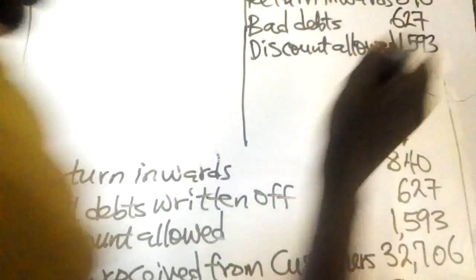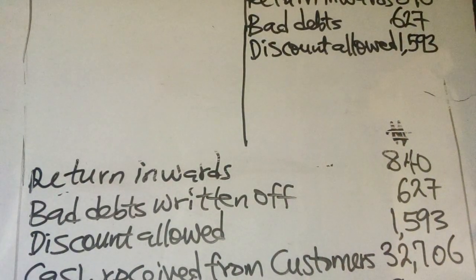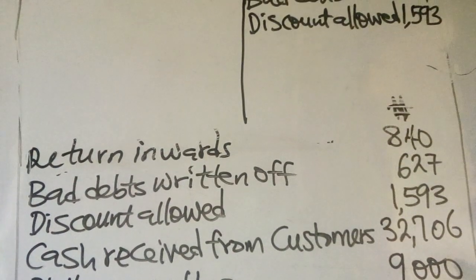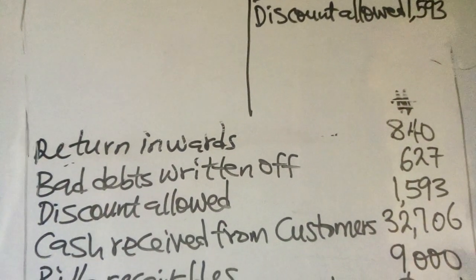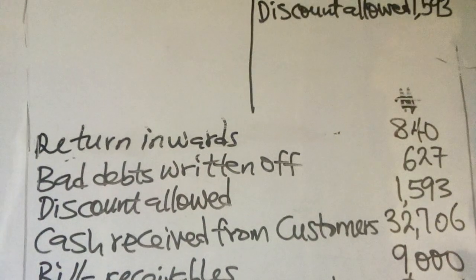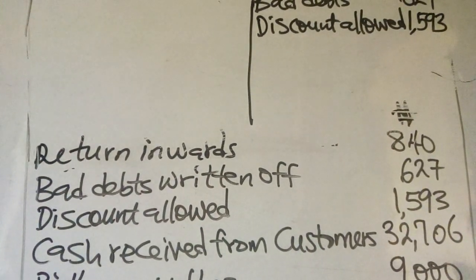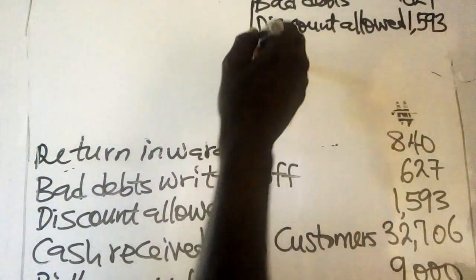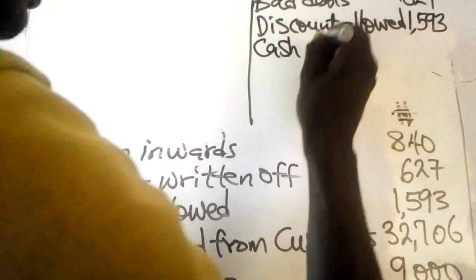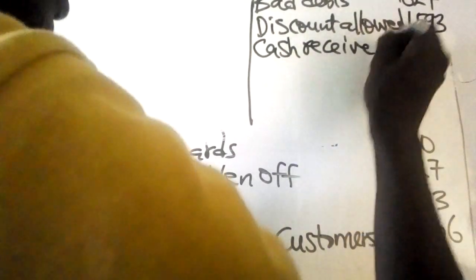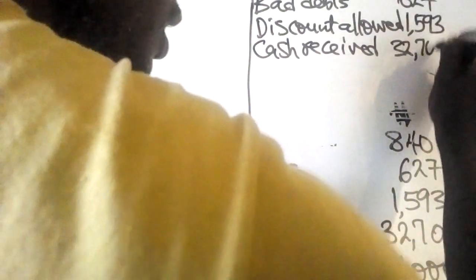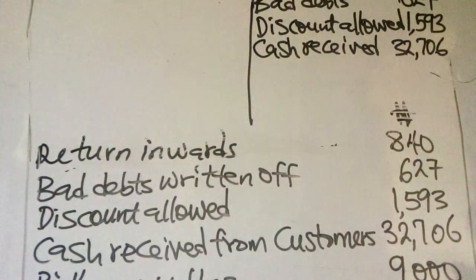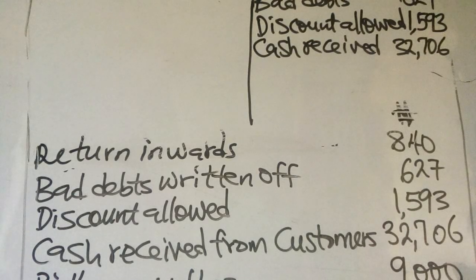Then you also have cash received from customers of 32,706, which will also reduce customers' debt. Cash received from customers, 32,706. So you credit it because it leads to a reduction in customers' debt.